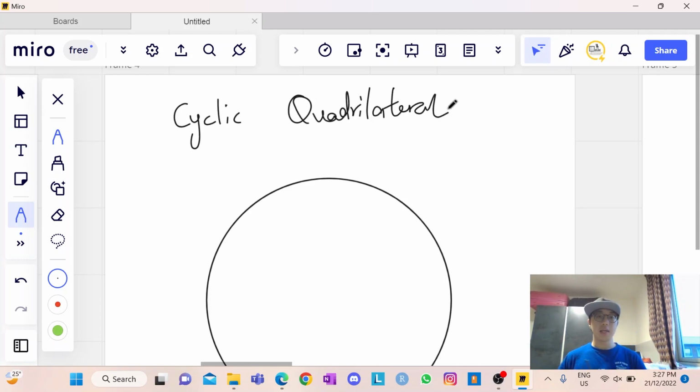As the name suggests, cyclic, I don't know why the name is like that, but if you imagine it in a circle, and quadrilateral is just a four-sided shape, so the whole name suggests a four-sided shape inside a circle where all the corners must touch the circumference.